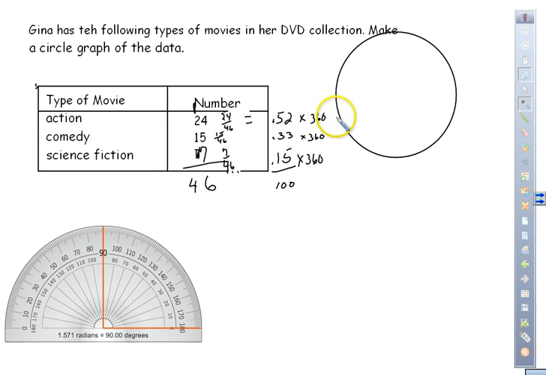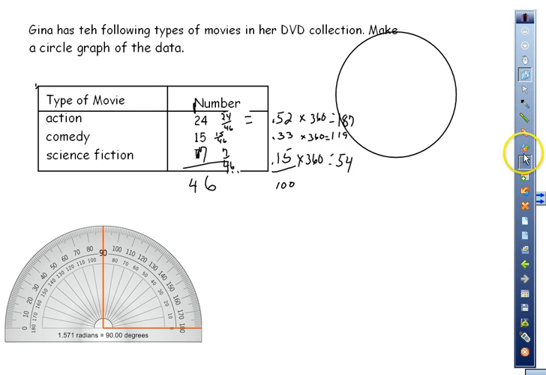This gives me 187 degrees. 0.33 times 360 gives me 119, and again I'm rounding, 119 degrees, and then 0.15 times 360 equals 54 degrees.